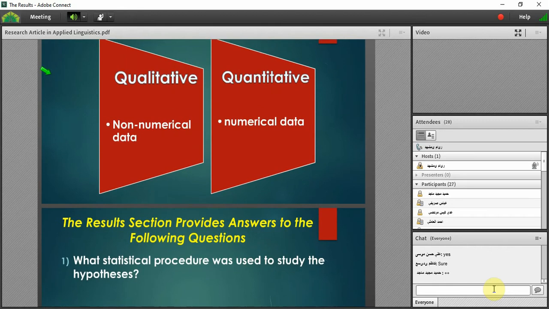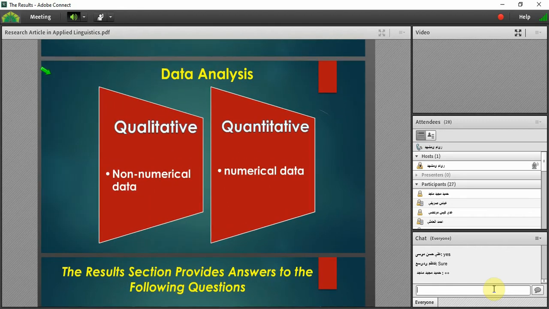But remember, let me go back to this page again. In recent studies, we have mixed methods approaches using both qualitative and quantitative approaches. Suppose you may use several tests, and at the same time you may use a questionnaire, an interview, or an observation.